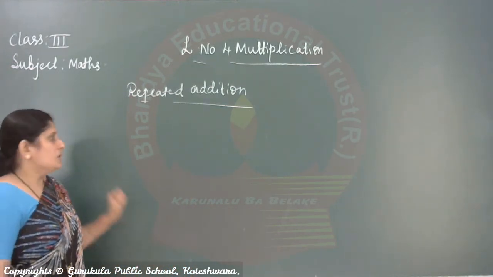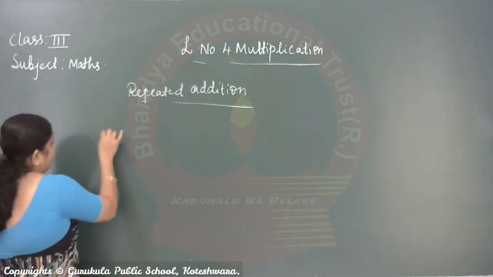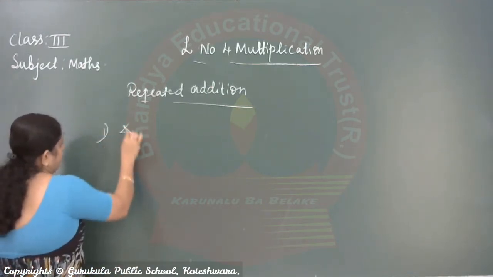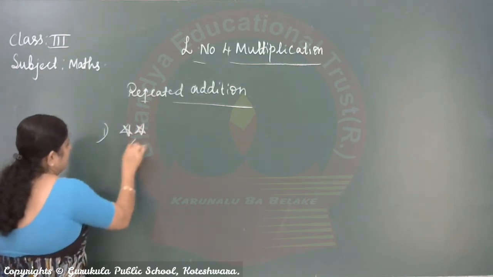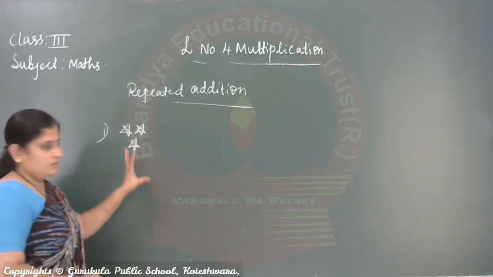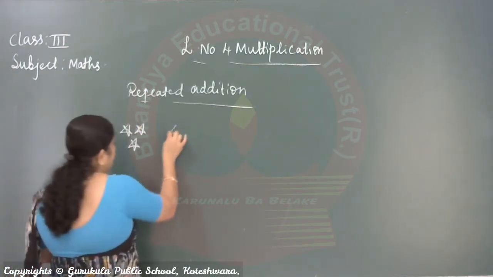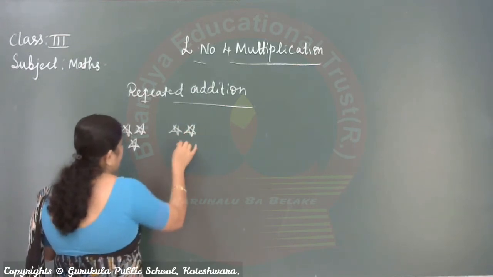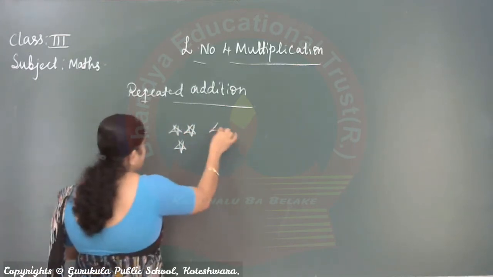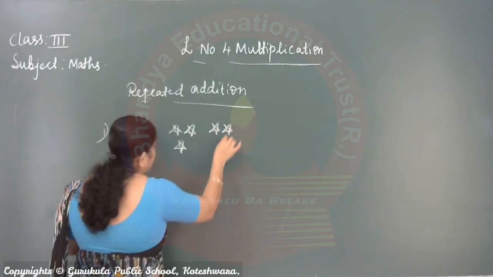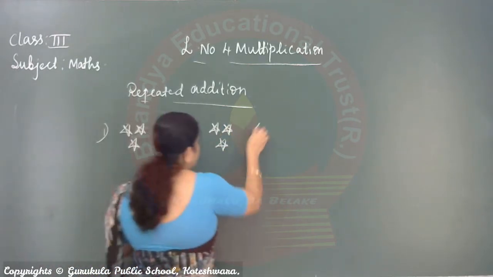Okay? So, here see the example of this. Here 3 stars are given. 3 stars here. Again 3 stars. Again here 3 stars.